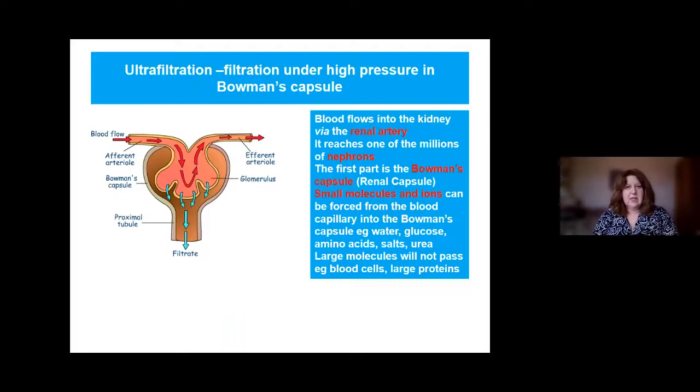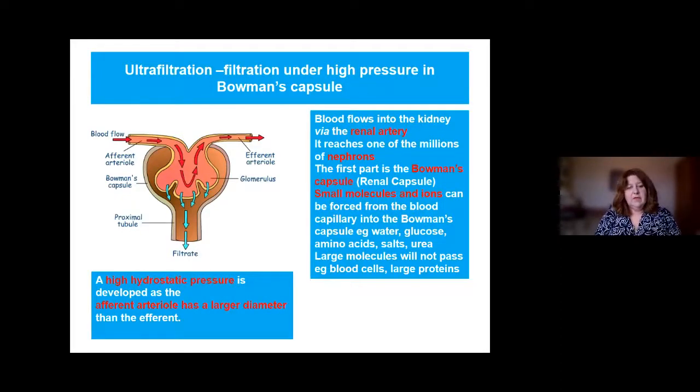You may recognise it by that name, but essentially what's happening here is, because of these differences in diameter, a high hydrostatic pressure is developed. And of course, that high hydrostatic pressure then forces molecules that are small enough through the knot of capillaries that we know as a glomerulus, into the Bowman's capsule, and from there into the next part of this nephron called the proximal convoluted tubule.